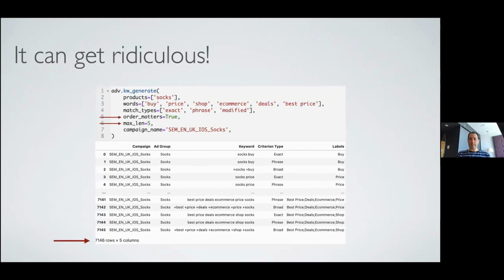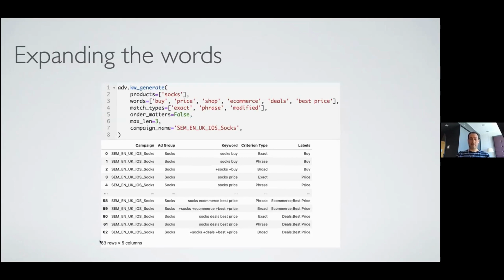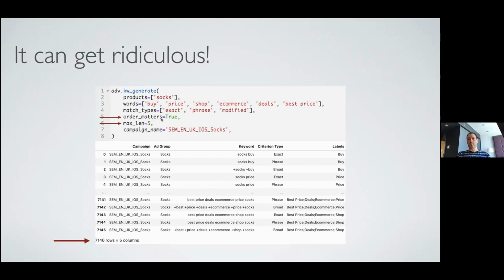Now, this can get really, really ridiculous and crazy. So we got 63 keywords here, the same configuration, but if I just say order matters equals true and maximum length is 5, I get 7,146 keywords. Don't do this. This is really too much, but I just want to show you how big it can go, so you're careful with what you want. So what I found is, I think length 2 and 3 is ideal.